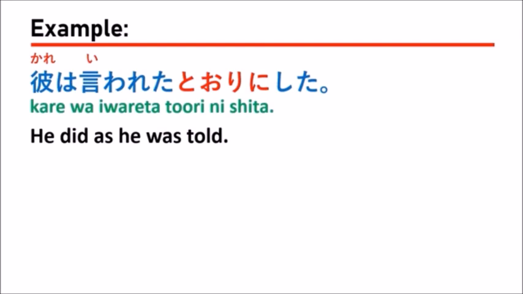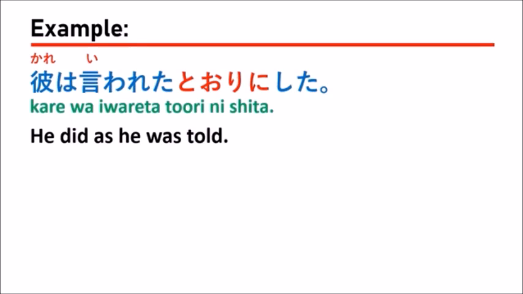Let's see the grammar. Here, they choose the verb in the past form. Our verb is iwareta, which means was told, right? And if you use it with a verb, you can follow it by tori ni, right?